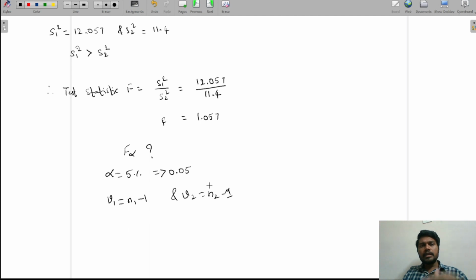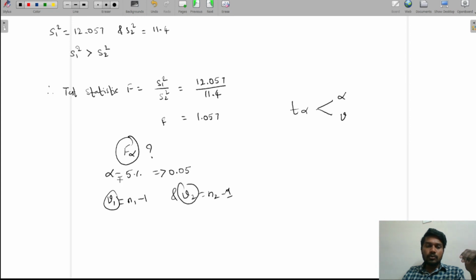Did you remember, in the t distribution we take the value of t alpha with a combination of alpha and nu? Did you remember? So similarly here also I'm taking the value of f alpha with the help of nu1, nu2 and alpha.